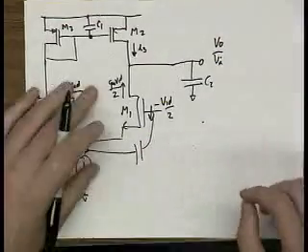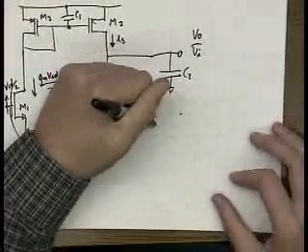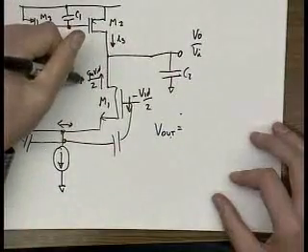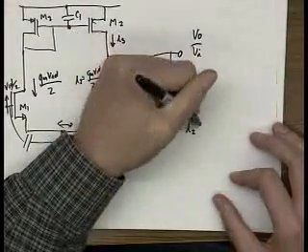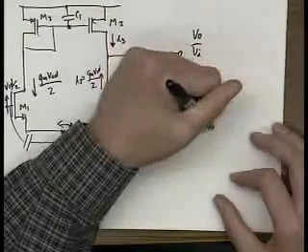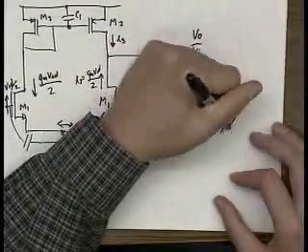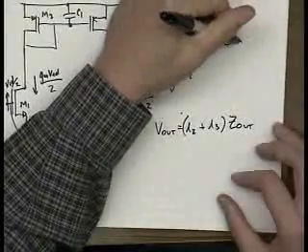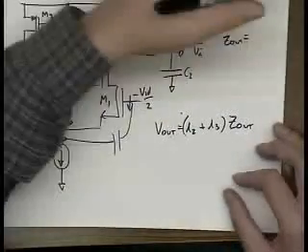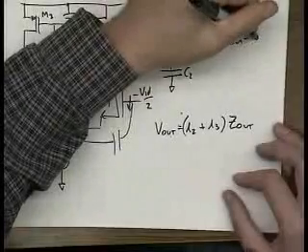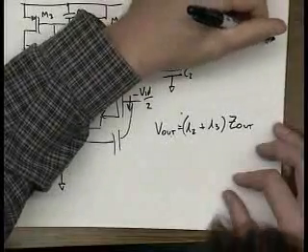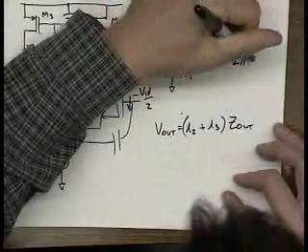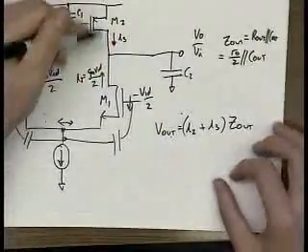So V out is going to be equal to, let's call this I2, I2 plus I3 times Z out, where Z out is the output impedance, R out parallel C out, which is equal to RO over 2 parallel C out, because RO up and RO down.